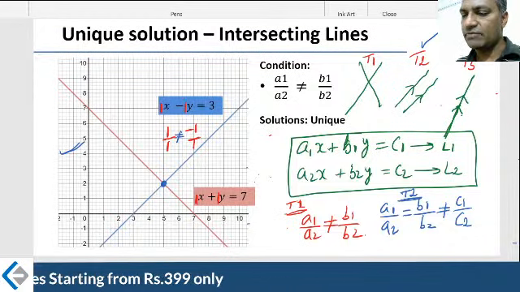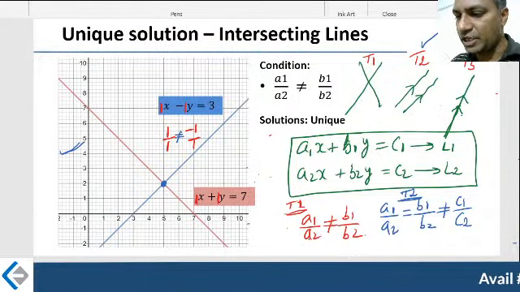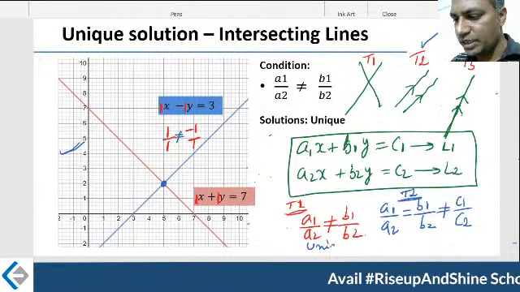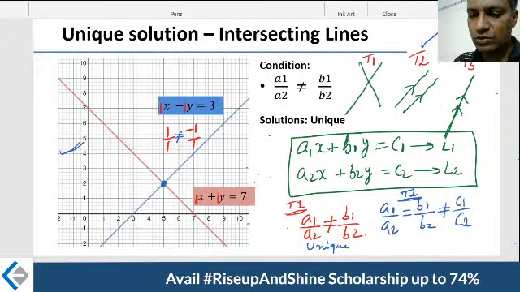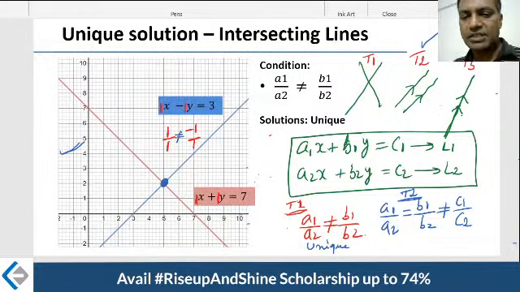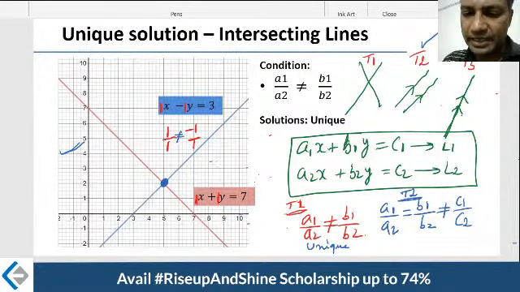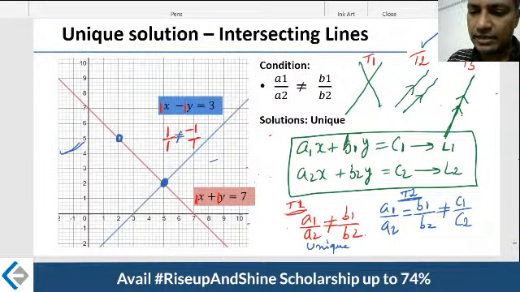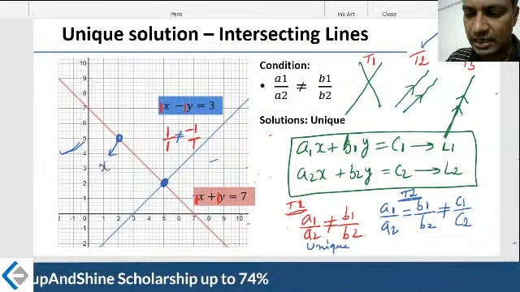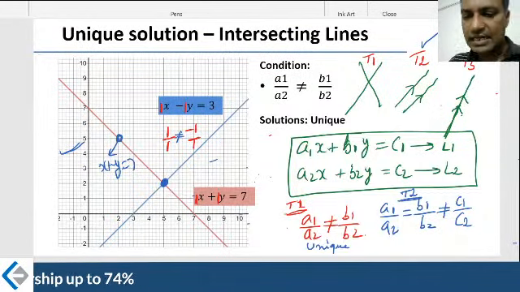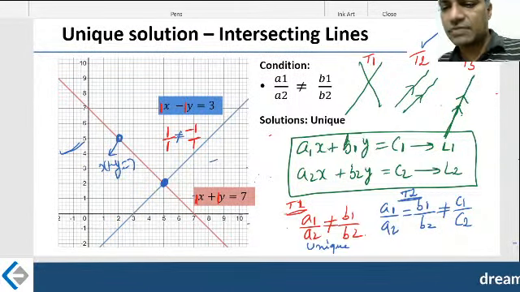Now listen to this, guys. If the lines intersect, there is going to be a unique solution. So if the lines intersect here, there is one single value of x and y which satisfies both the lines. What if I take a point here? It satisfies only one line, which is this line, x plus y is equal to 7, but it does not satisfy the other line.